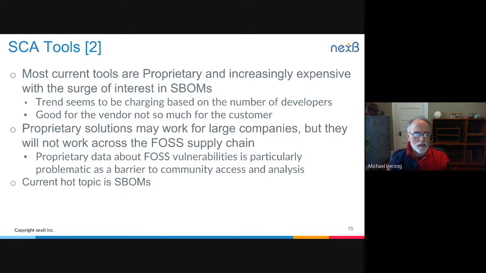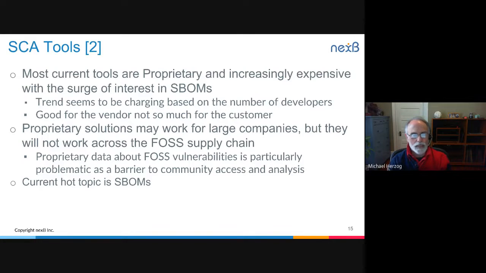The argument is that everyone in the development team will benefit from software composition analysis, but eventually that's probably going to become a problem for people to afford. It certainly hits hard at smaller companies that don't have the revenue to pay for these kinds of solutions.